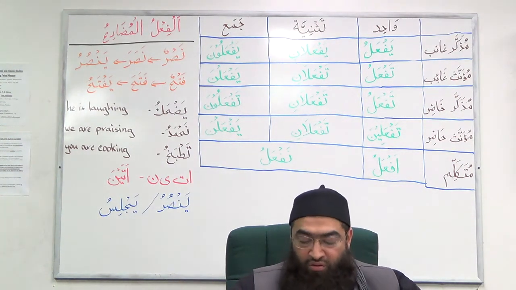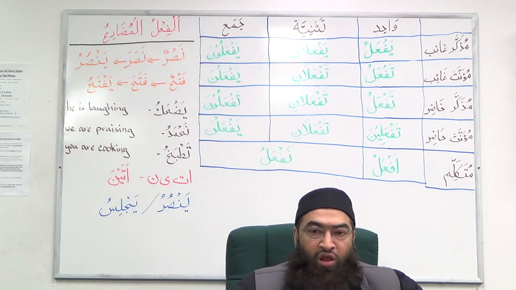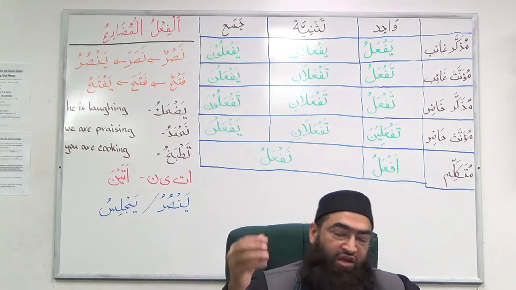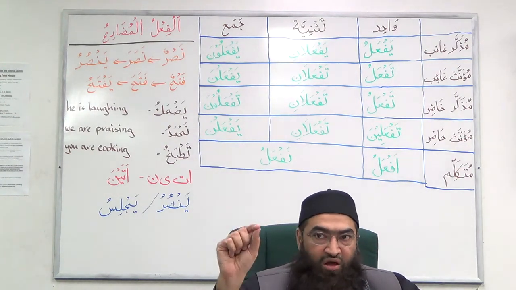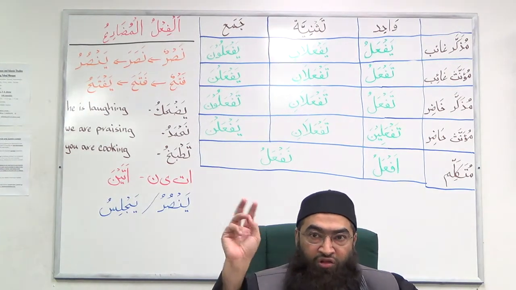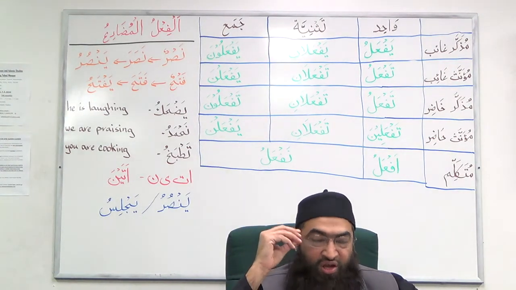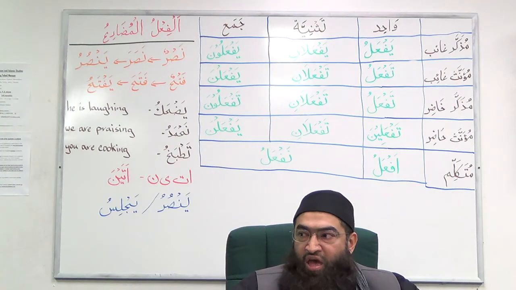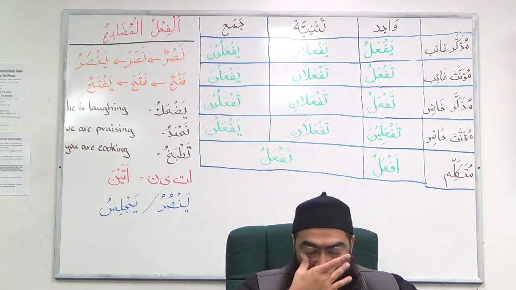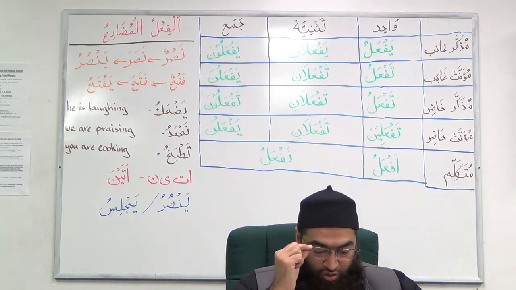Sometimes the ain kalima is given a kasra and sometimes a dhamma. So fa'ala, all three with fathas. Shariba, with the ain kalima having a kasra, and karuma, with the ain kalima having a dhamma.